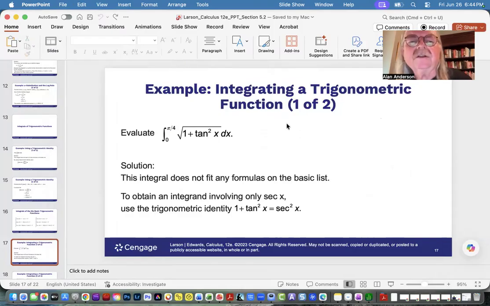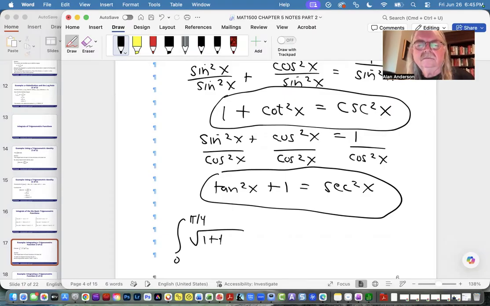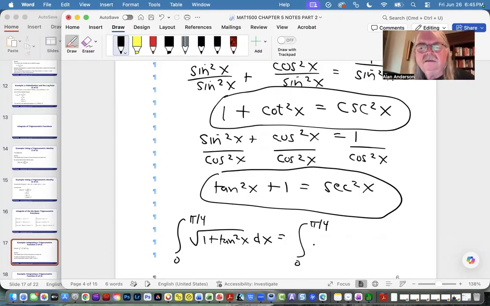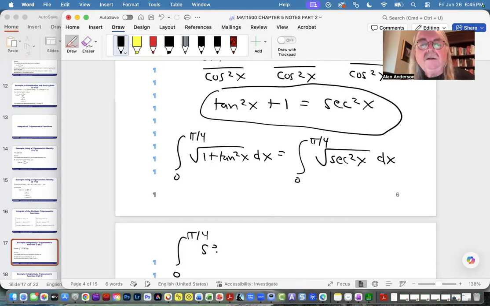Well, here's what I'm going to try to do here. Watch what happens. According to this identity, this is the square root of secant squared of x, which means it's secant x.